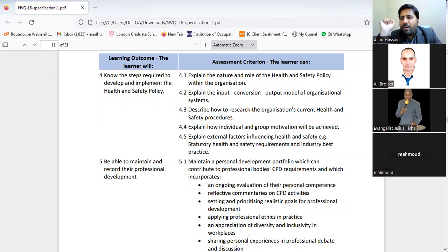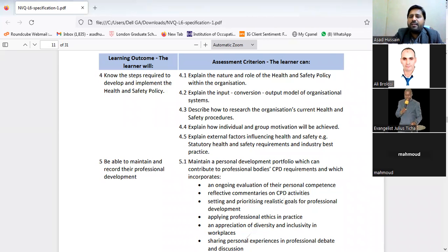Now, what the teacher was actually saying at that time, and even Ali discussed there, is how you can research whether your organization's current health and safety procedures are working. You were discussing the methods for the health and safety policy, but that did not fit there, because in the policy portion you only have to check sufficiency and suitability.